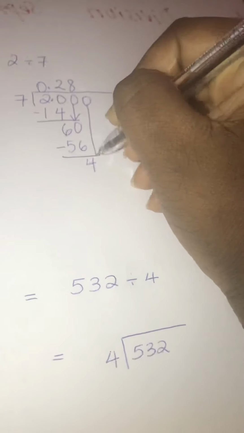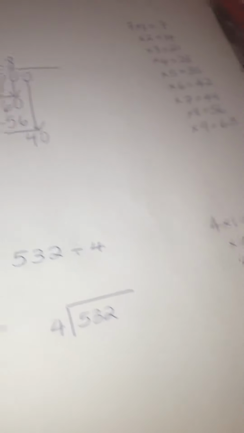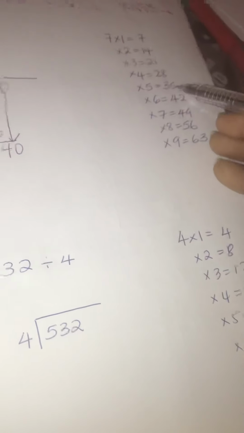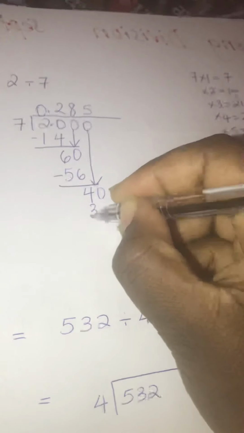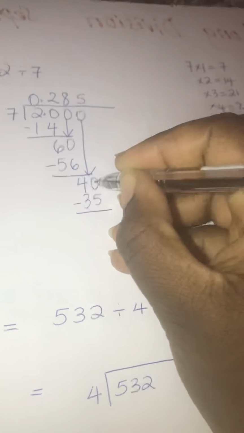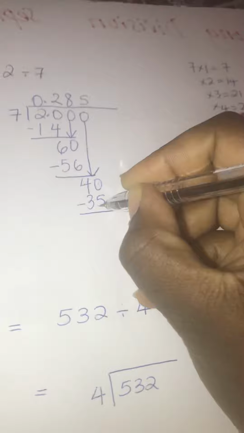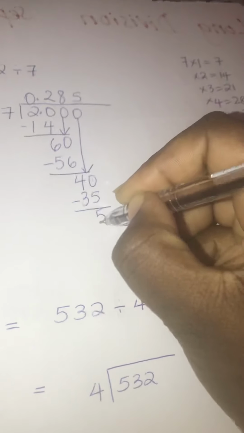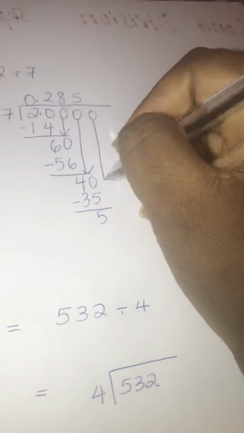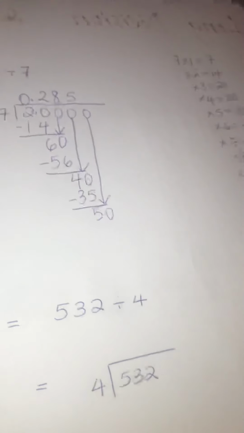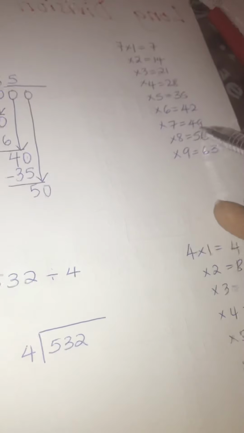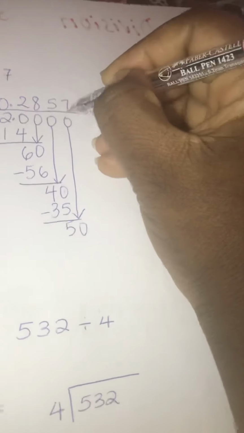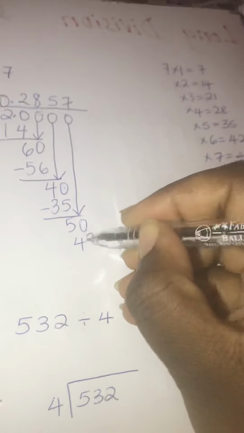I continue. Can 7 go into 40? Yes. 5 times. 7 times 5 is 35. 40 minus 35 is 5. I bring down a 0. Can 7 go into 50? Yes. 7 times 7 is 49.